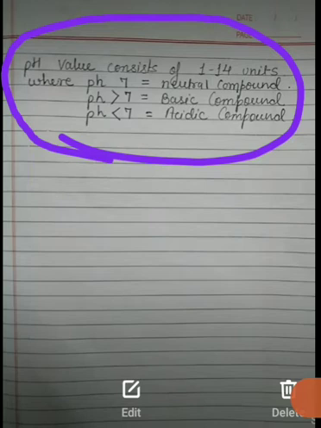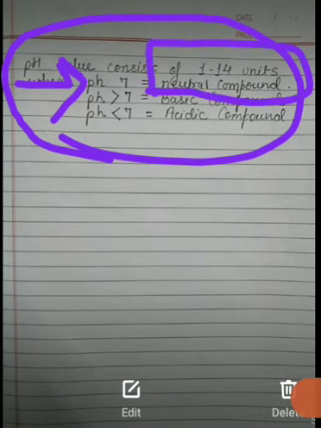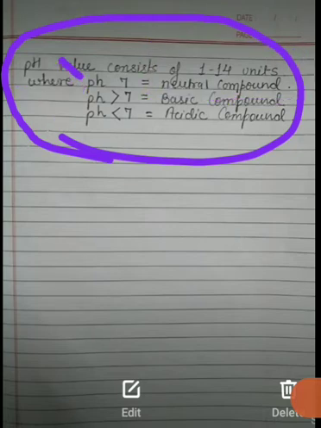Okay, now there will be questions like: a substance has pH value 7, so which type of substance is it? So you are seeing here at pH equal to 7, the substance is a neutral compound, that is, it is neutral in nature. Okay, and you have to make a short note of this, because in 2011 also, in 2017 also, there was a question that what are indicators.